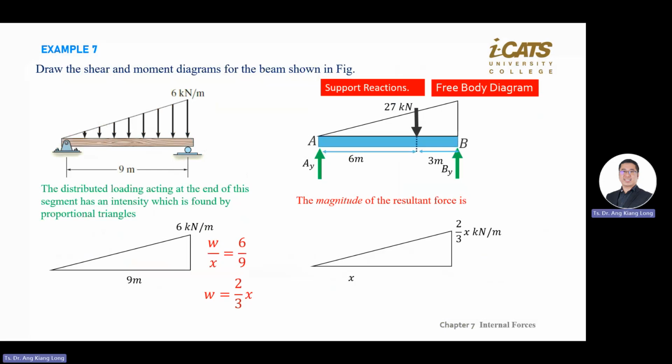Because we're going to draw V versus x and M versus x diagrams. And just to highlight, if you convert a triangular distributed load, the focus load will be not a quarter, but 1 over 3 from the base.